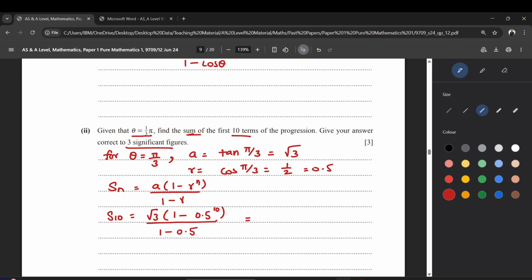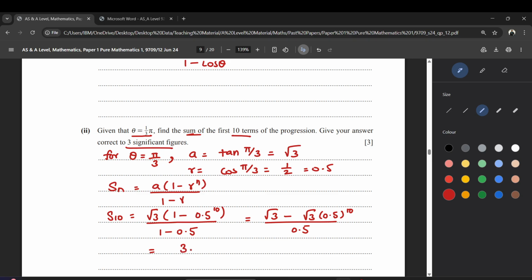If I plug all of this into my calculator, I get root 3 minus root 3 times 0.5 to the power of 10, over 0.5.